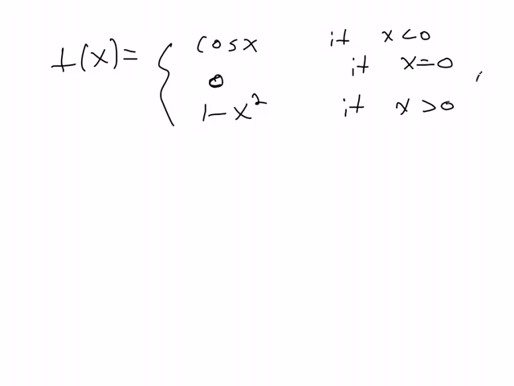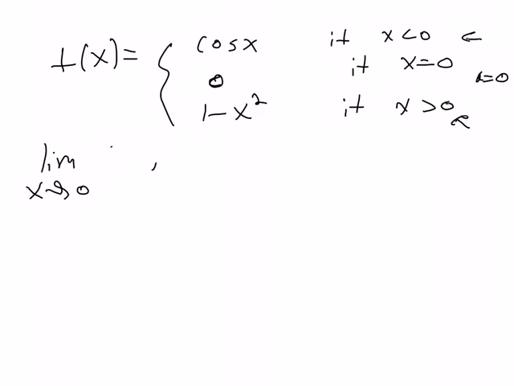And we want to know if there's a discontinuity at a equals 0. So if we take the limit as x goes to 0 of f of x, we have to do this in 2 steps. We have to do it going from the left, which will be this, when x is smaller than 0, and coming from the right, which is this, when x is bigger than 0.